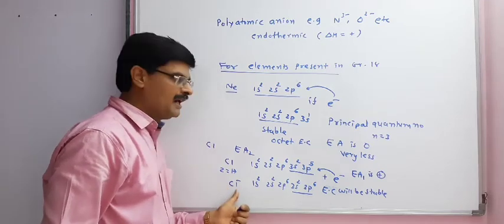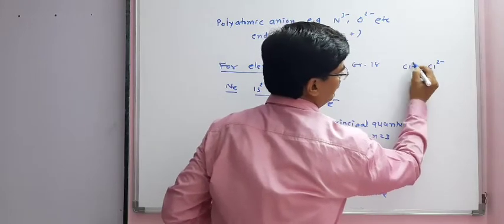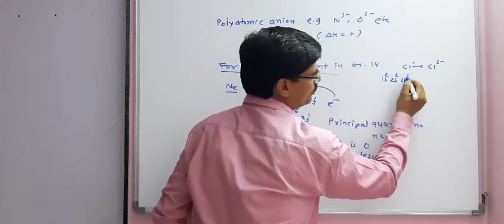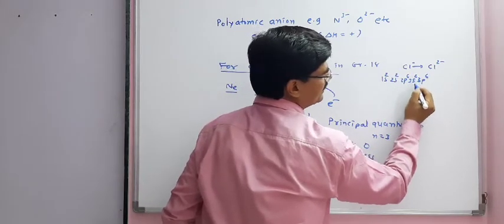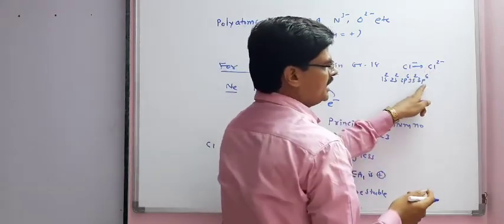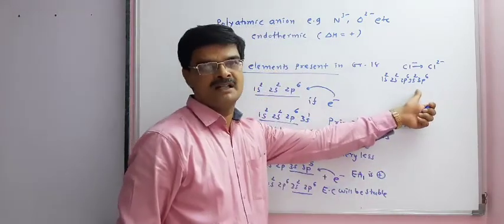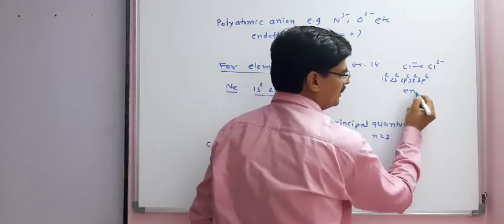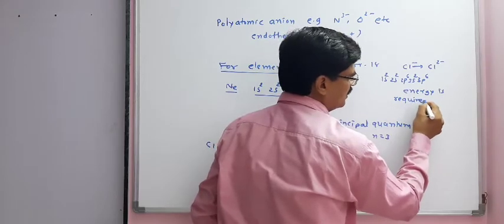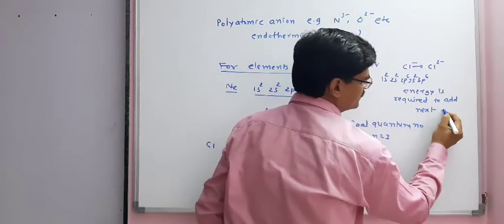But for Cl minus to Cl2 minus, the electronic configuration is 1s2, 2s2, 2p6, 3s2 and 3p6. If we want to add the next electron, it has to enter the next principal quantum number, and that is why energy is required to add the next electron.